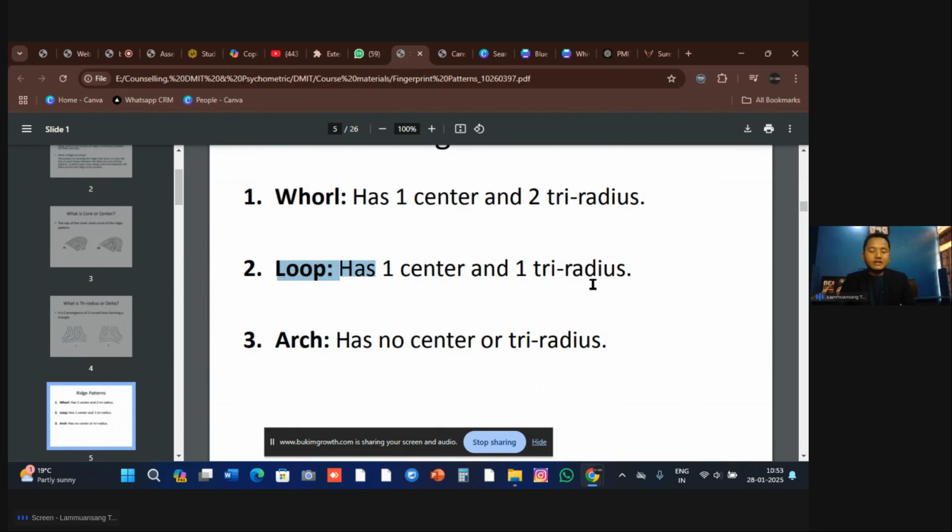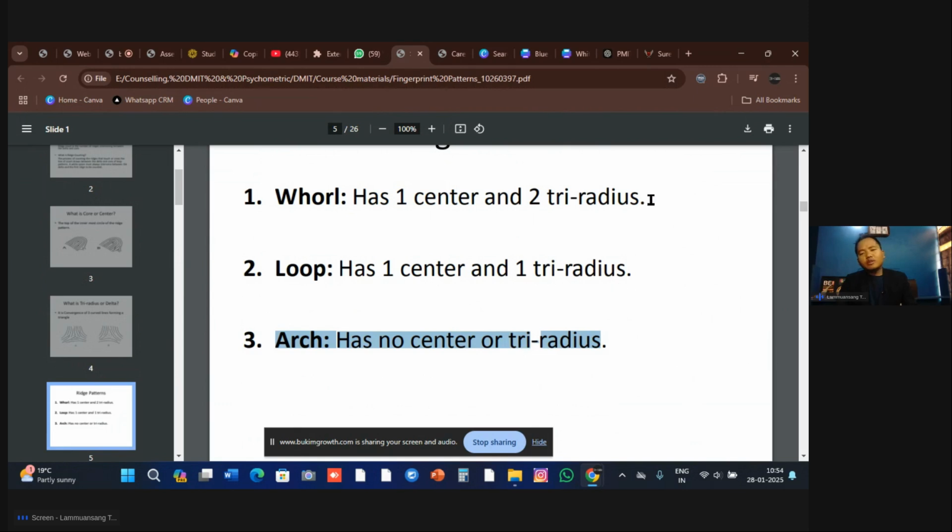These two represent at least 60-70%. The whorl, which we call dominant, represents about 25%. Finally, the minimum is the arc fingerprint, which is the influential personality. These people are very rare, only about 5% in the whole world. Just remember this.